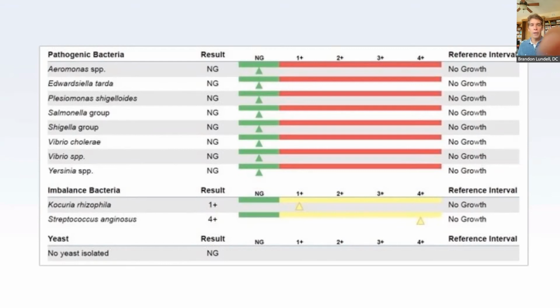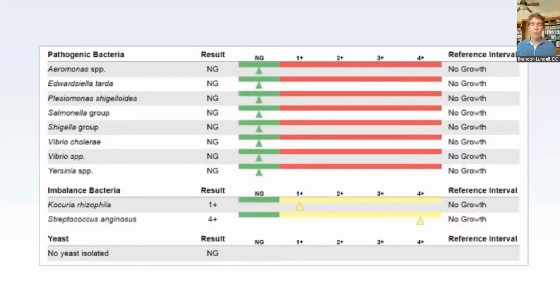This is by Doctor's Data. He had a couple of odd imbalanced bacteria, the Kocuria rhizophila and strep. I see a lot of Streptococcus, and that's a pretty high growth, 4 pluses, which is a really high growth.